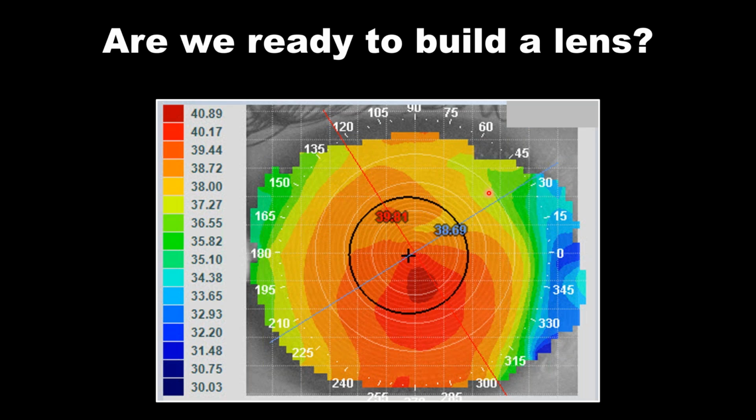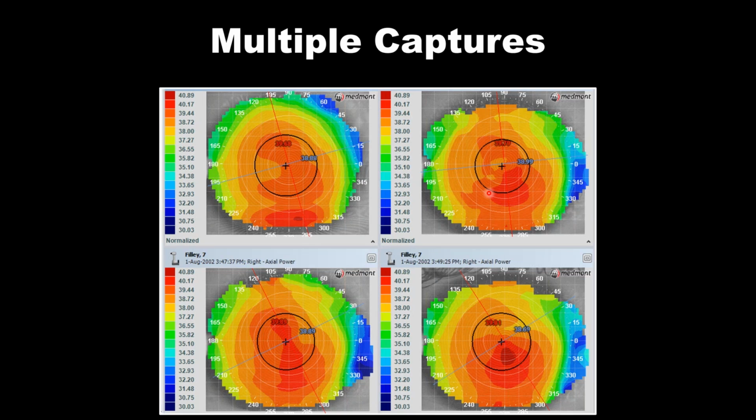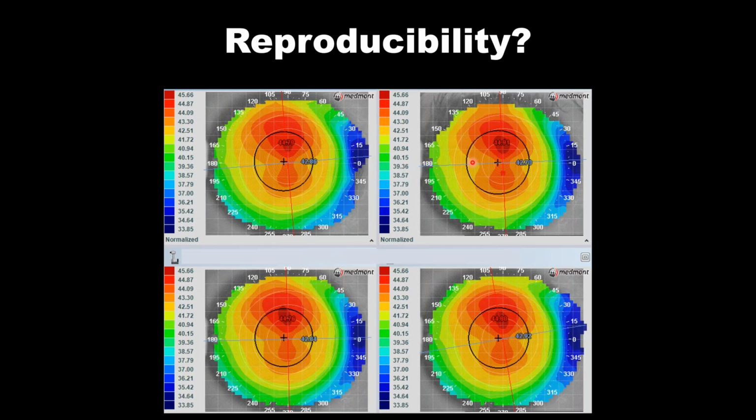So really what you want to do is take multiple images. And you see here how we have 4 very different appearing topographies. There aren't any 2 that look the same. And that's very concerning because if we don't have any reproducibility, what are the chances that we have any accuracy whatsoever? So this is what we want to see, is reproducible topographies. Each one of these maps appears the same.